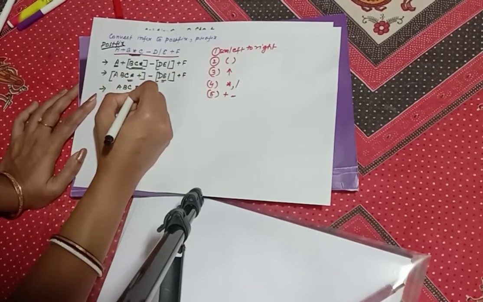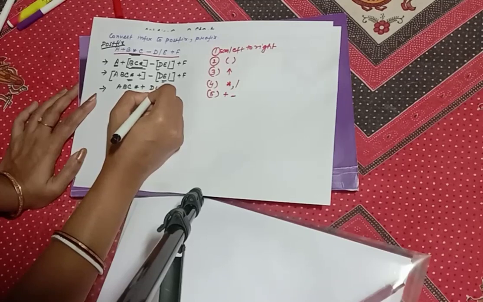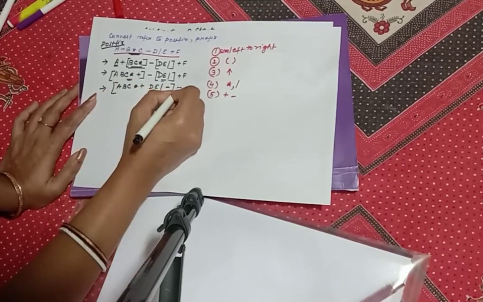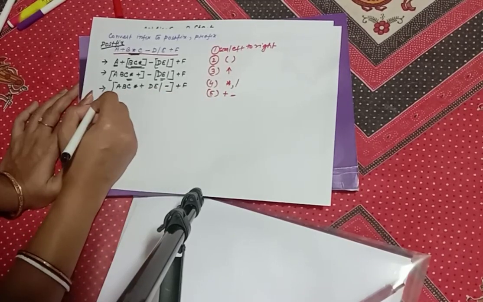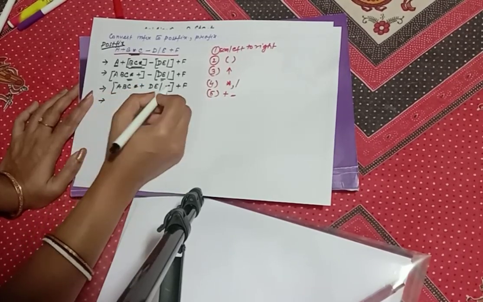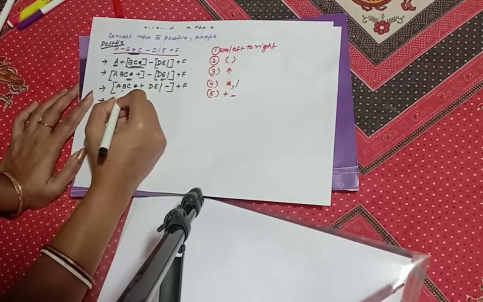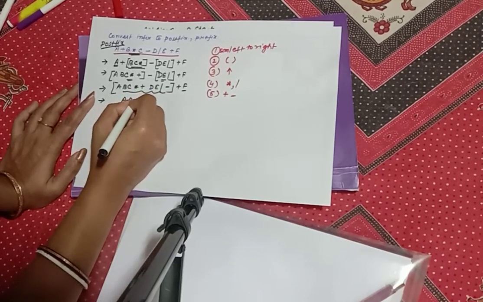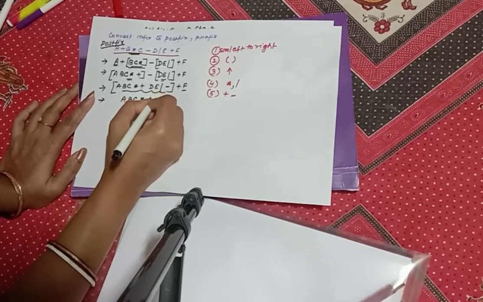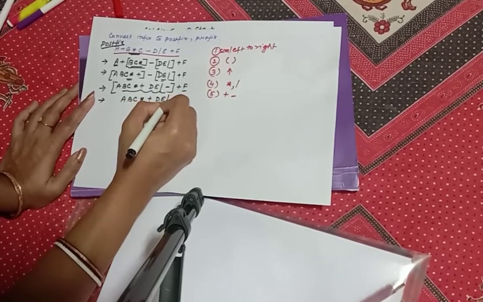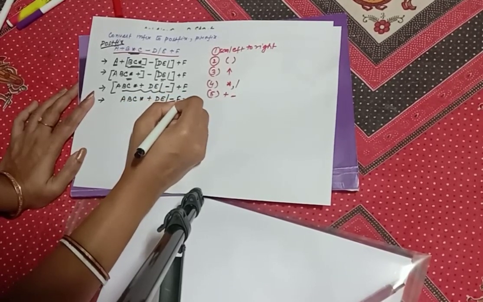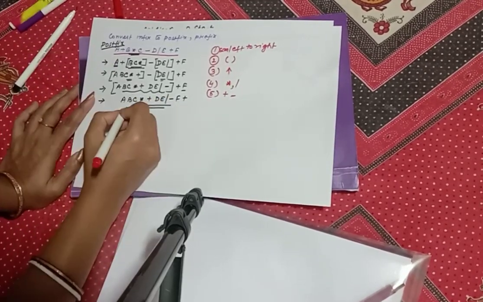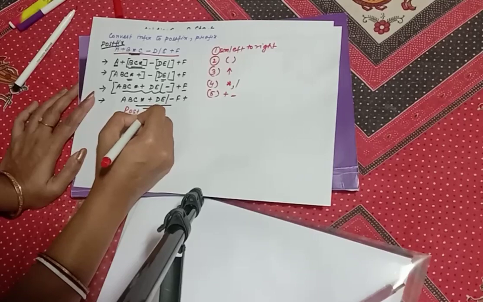So A, B, C star plus, D, E there, and minus. And then the rest as it is. Again, scanning from left to right, there is a plus between this and this. So we write ABC plus DE and plus. So this is our complete postfix expression.